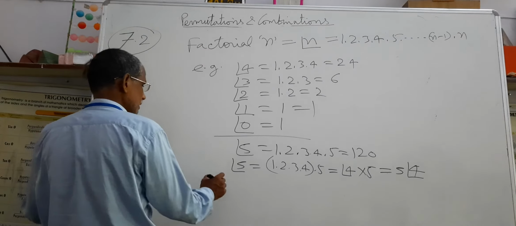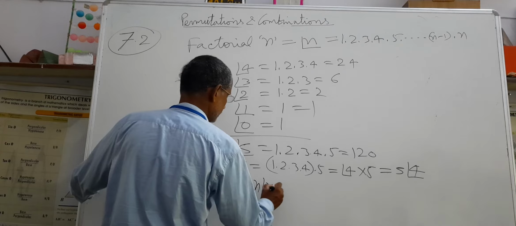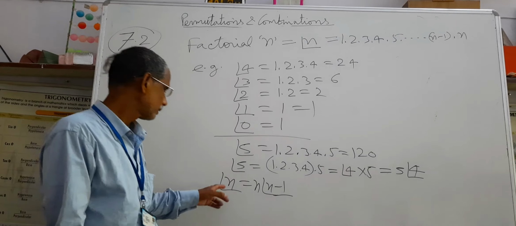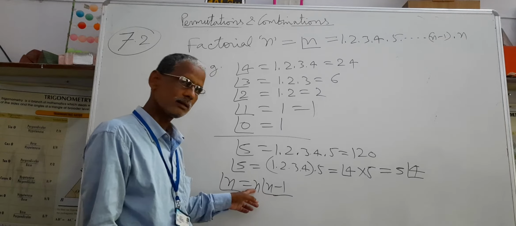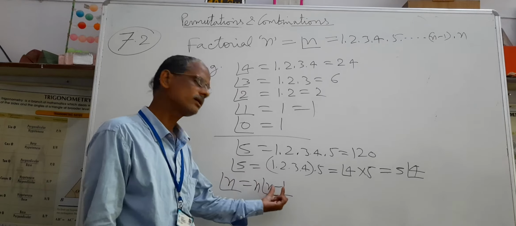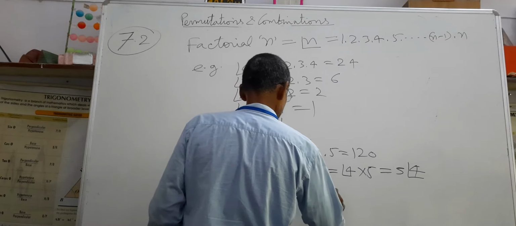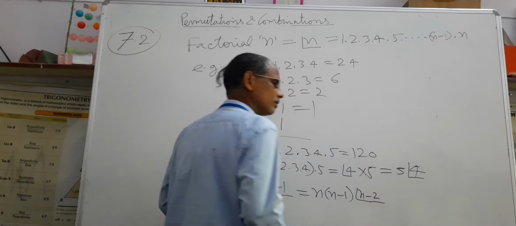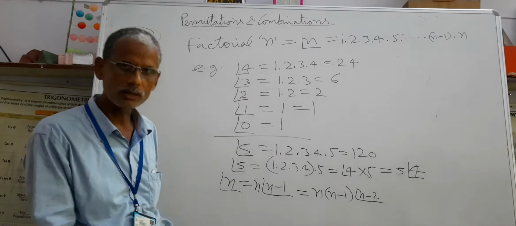In general, factorial n is equal to n into factorial n minus 1. Take the number inside the factorial outside; the number inside will be reduced by 1. This can also be written as n into n minus 1 into factorial n minus 2. You can proceed in this way up to factorial 1.